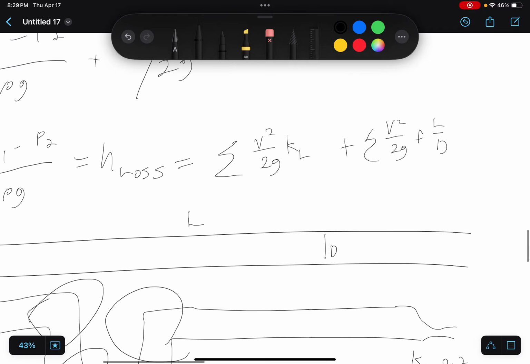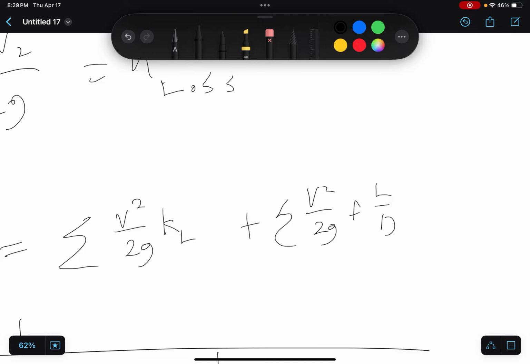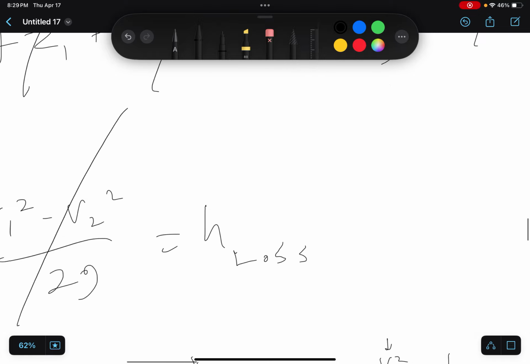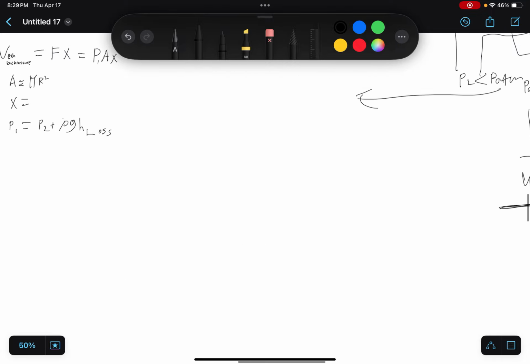But another way to do it is, if you're at low RPM, the exhaust velocity is low, which means the head loss is low, which means the pressure is low. There you go. Both of those ways work, and I think they'll stack on each other. I don't think it's wrong to double count them, but I might be wrong about that. So at low RPM, you're going to have low back pressure.